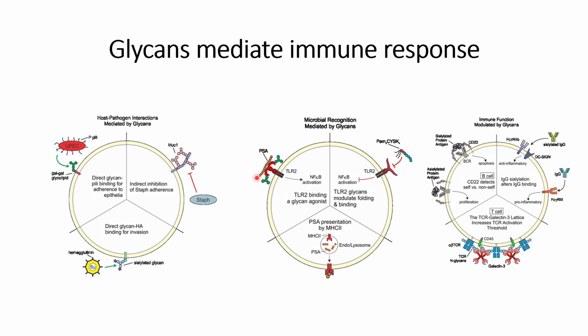When the foreign harmful substances are detected by toll-like receptor 2, which is ubiquitously expressed on the host cell surface, it can detect PSA or Pam3CSK4, and thereby trigger the NF-kappa B signaling pathways through toll-like receptor 2 activation. Toll-like receptor 2 glycans modulate and help in the binding of Pam3CSK4.